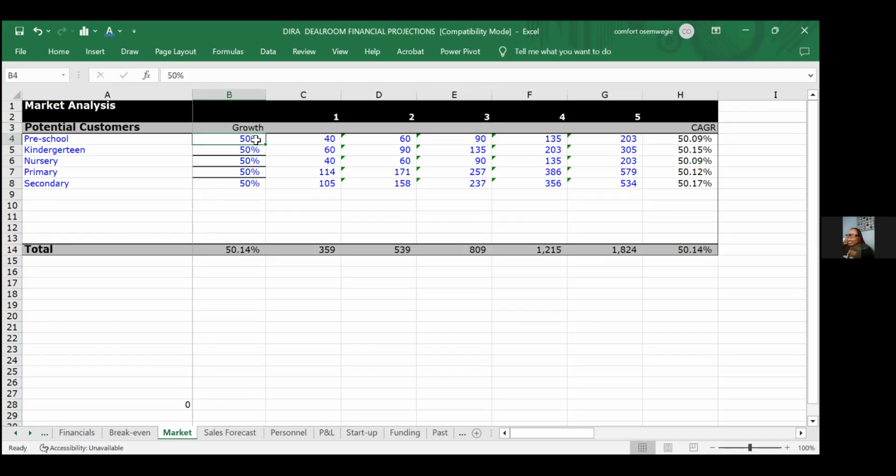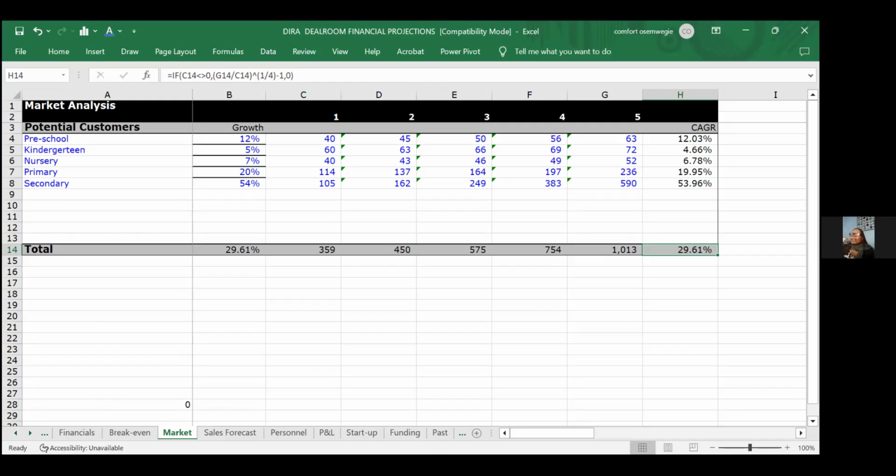So maybe growth rate is 10 here. It can be different here, maybe 5. Maybe it can be 7 here. Maybe it can be 20 here. And maybe it can be 54 here. So the average cumulative growth rate of the business will be 29.61% over a 5-year period, based on these assumptions.